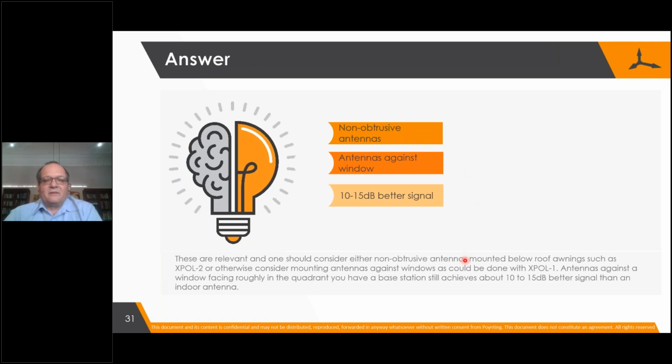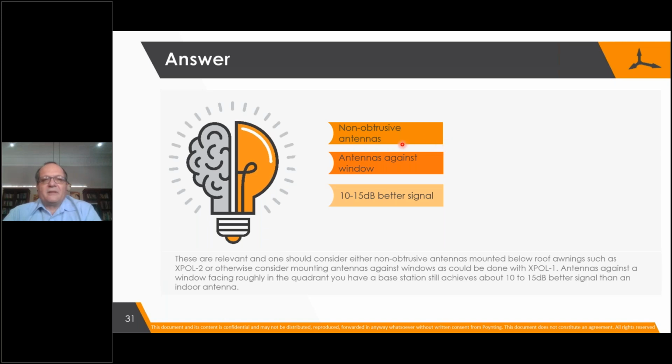If you look at your typical cross-pole antennas like Expo 2, Expo 1, you don't need to install them on masts protruding up from the roof. We find you get quite adequate service if you install them below the roof eaves, if you've got a typical house. So in other words, at the lowest part of the roof, under the roof, and then they're not really that visible.